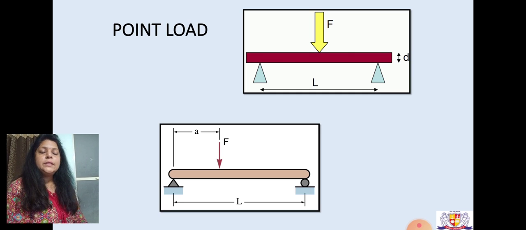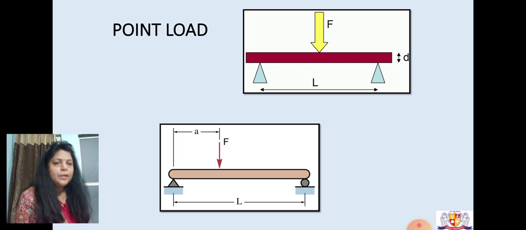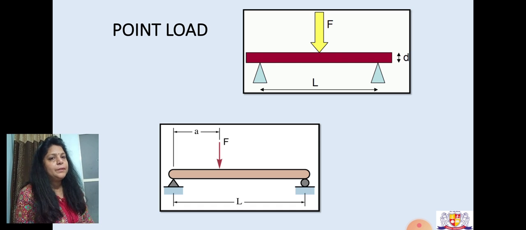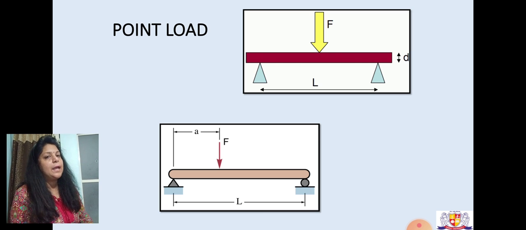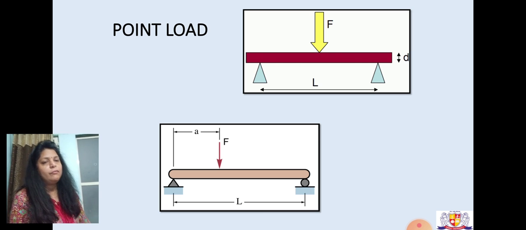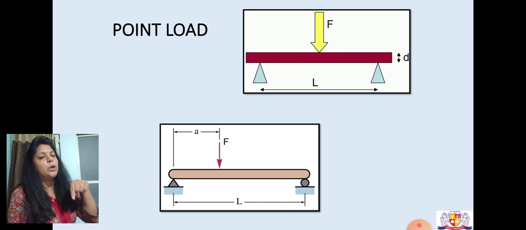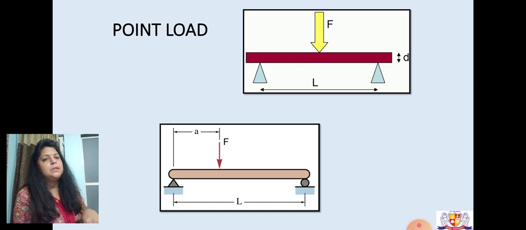So as already discussed with all of you, what is a concentrated load or a point load? I gave you the example of a pencil and eraser. If you put a pencil on the eraser and remove it, you'll find a dot or a point. That means the load is concentrated at a point.